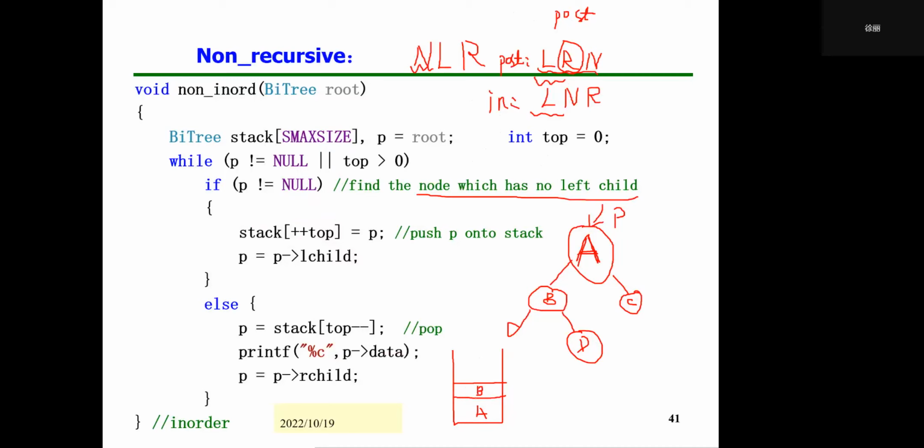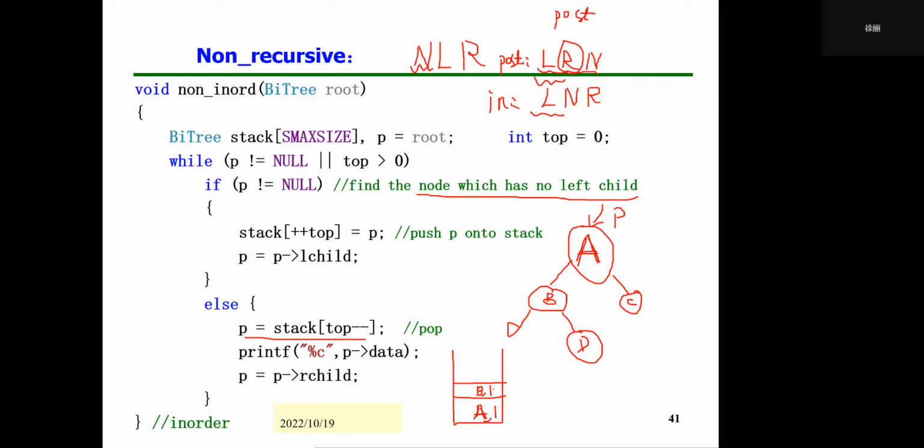Okay, so that's why I said it's more complicated than pre-order and in-order, because here we need to define a struct, because every time we push A, we need to push a flag to show whether it's the first time or the second time. So we push A1 and then push B1.